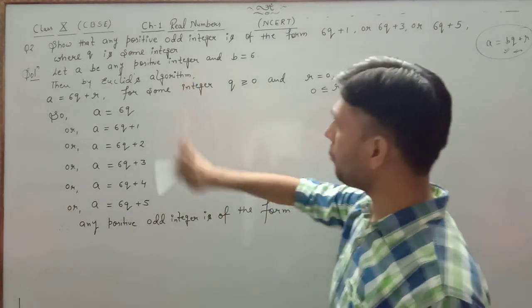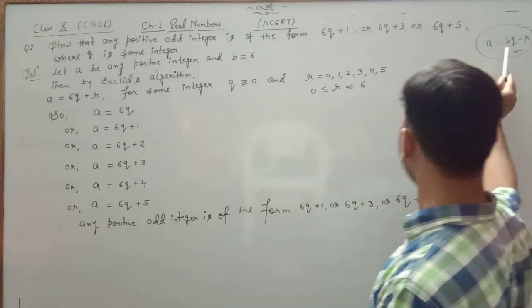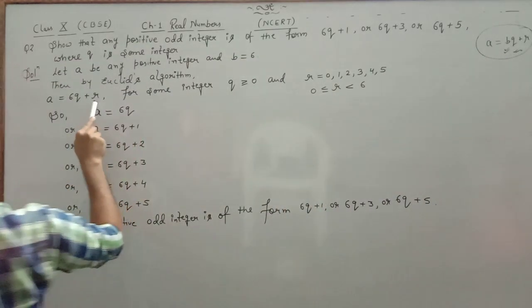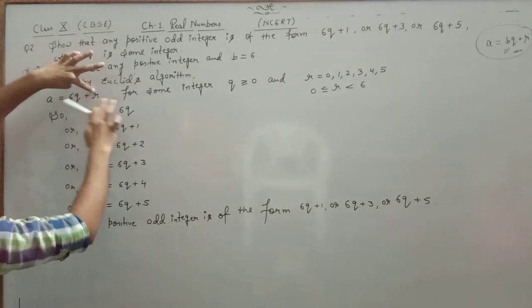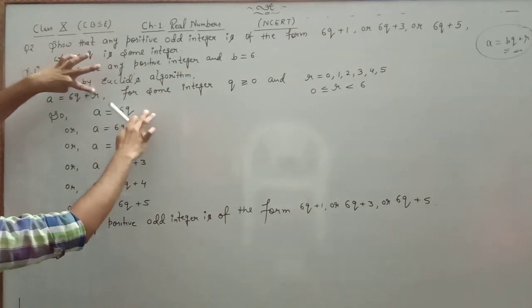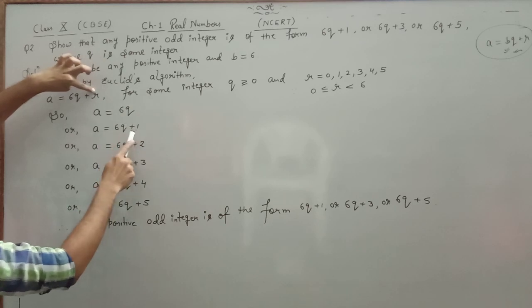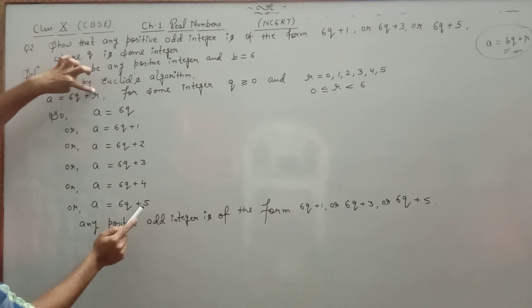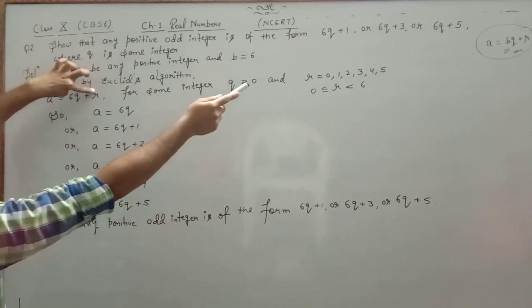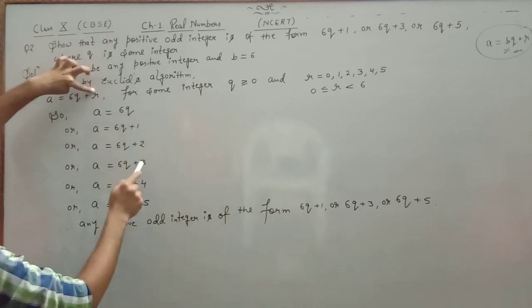So if we put the values one by one here, a equal to 6q plus r. In place of r, if we put 0, we will get 6q plus 0, 6q, 6q plus 1, 6q plus 2, 6q plus 3, 6q plus 4, 6q plus 5. The possible remainders are 0, 1, 2, 3, 4, 5.